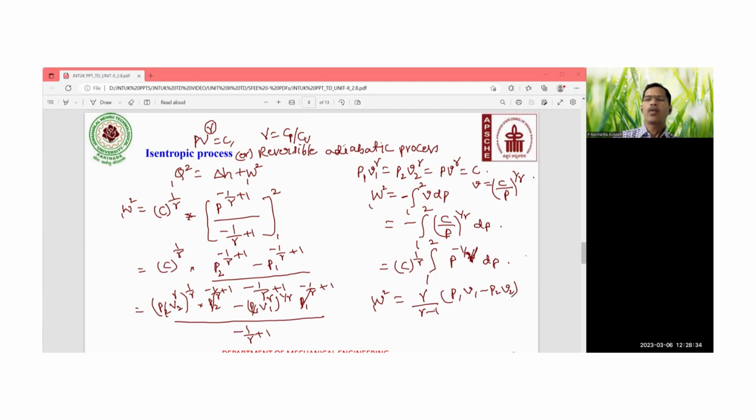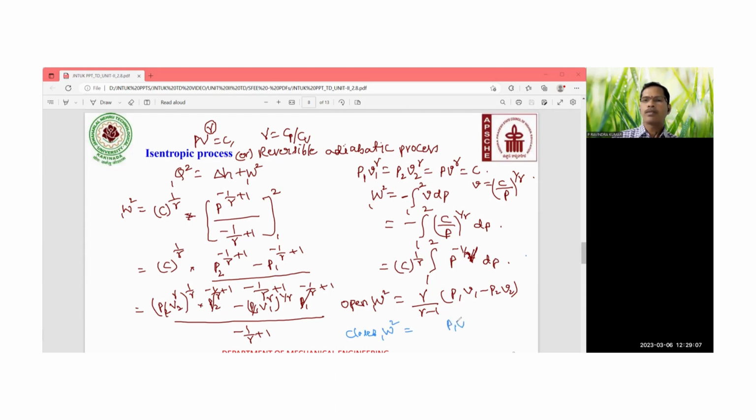So this is the flow work for the open system, right? Gamma by gamma minus 1. If you recapitulate the closed system in case of an adiabatic process, what is the expression for W1 to 2?